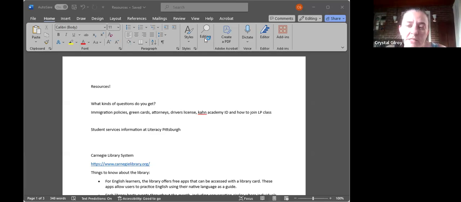As far as the driver's license goes, I would say student services can also help with that. They can provide the information, and depending on the level of the student, some of the manuals are available in other languages.